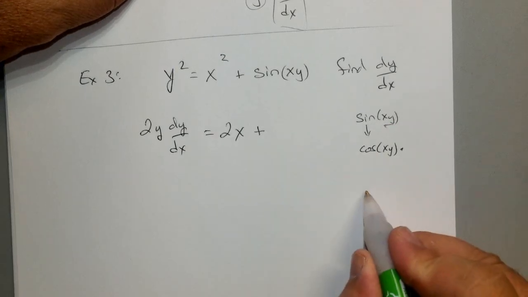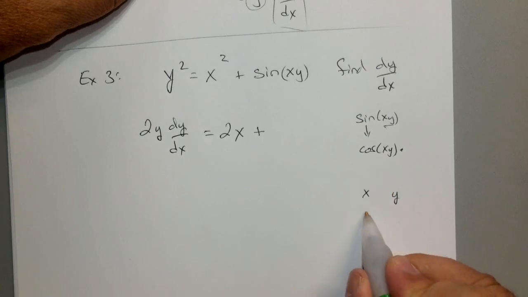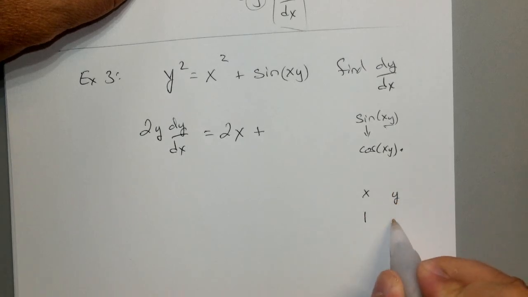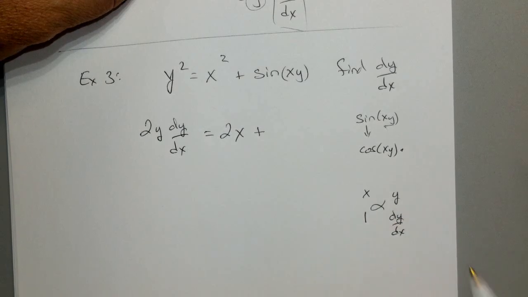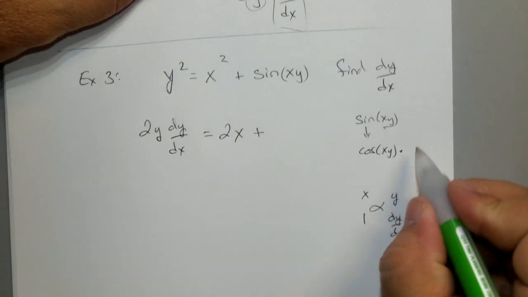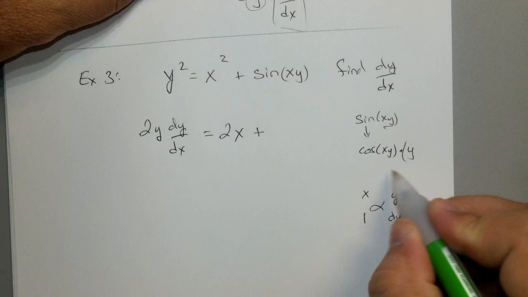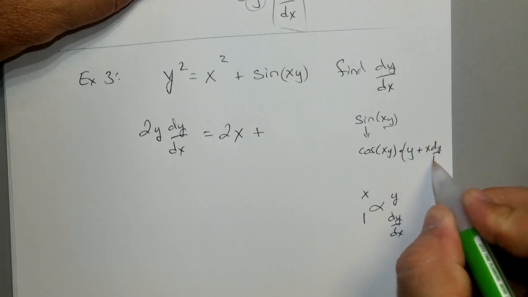It's a product, remember? The derivative of x is... derivative of y. We have to do the fishy thing. So y plus x dy dx.